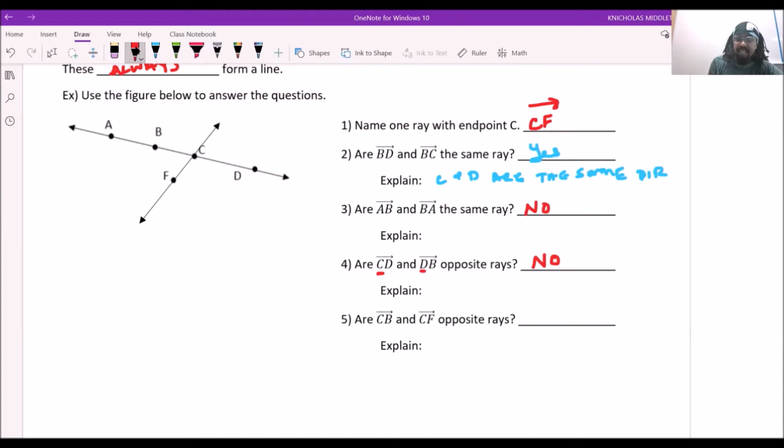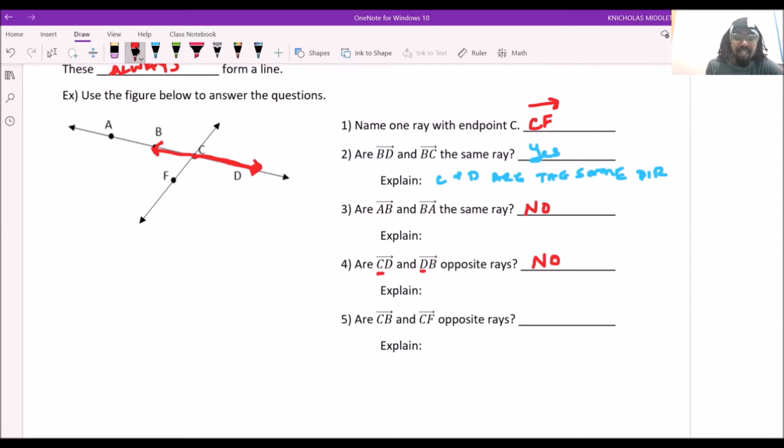CD and DB don't have the same endpoint. So even as we look at this and say, hey, it does make a line, they don't have the same endpoint. So they are not opposite rays. There are two things: they have to make a line and they have to have the same endpoint.